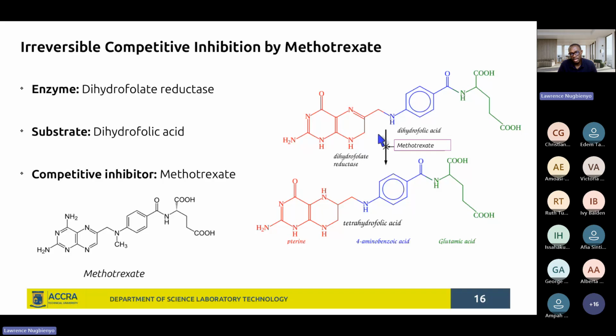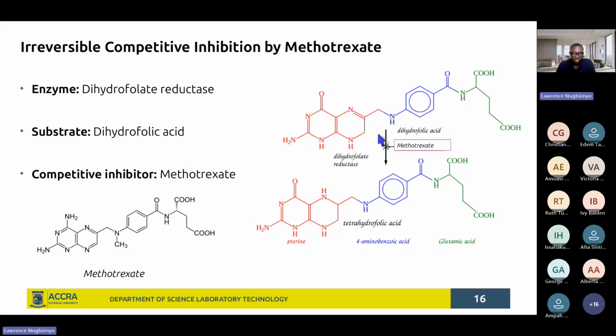And once folic acid is not being synthesized, you don't have the growth of the cancer cells, and so the growth of tumor is minimized, so that in the end you have that intended effect of reduction of the growth of tumors.